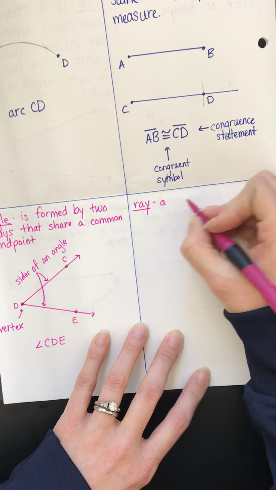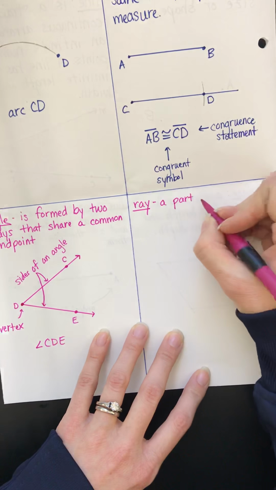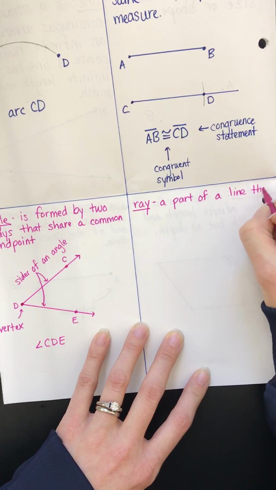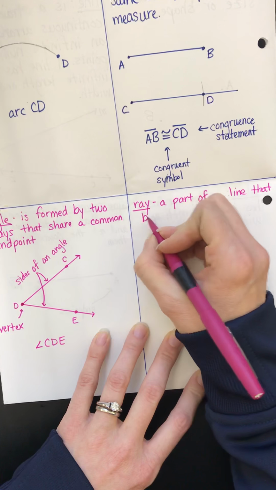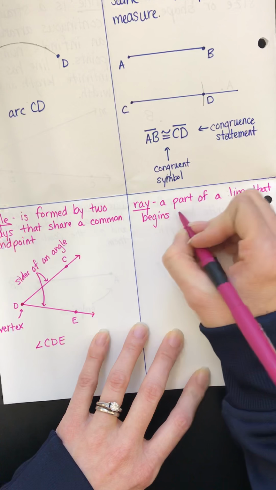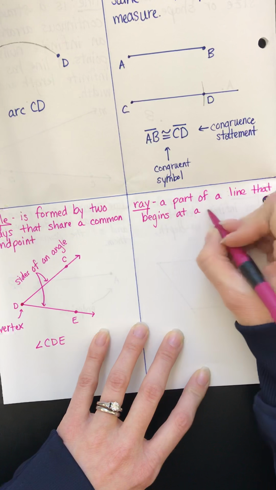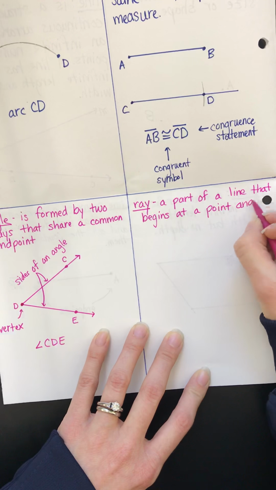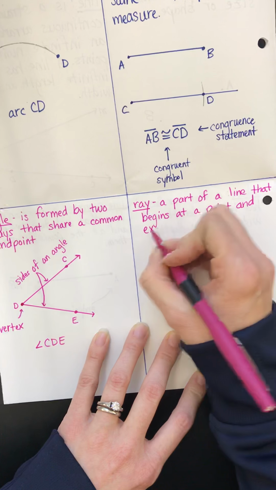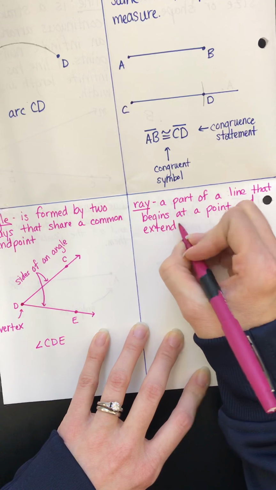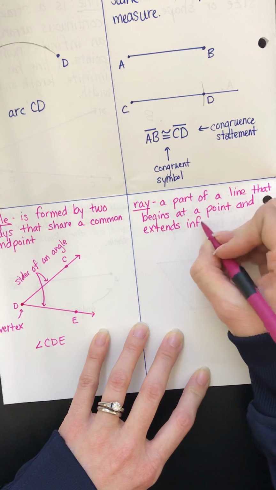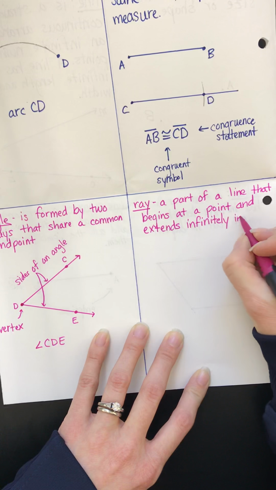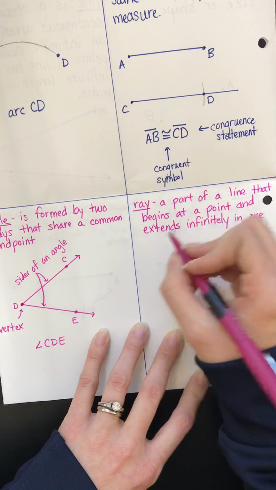A ray is a part of a line that begins at a point and extends infinitely in one direction.